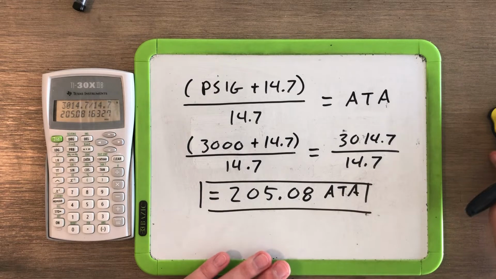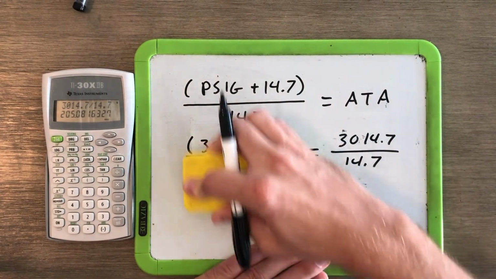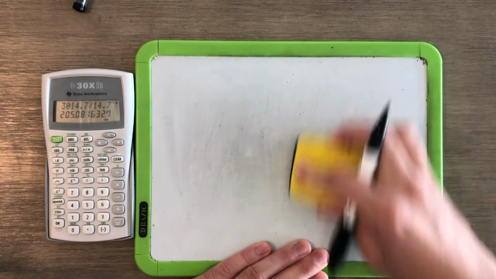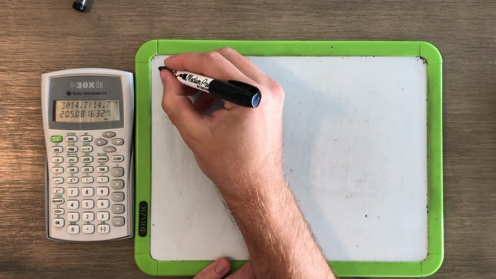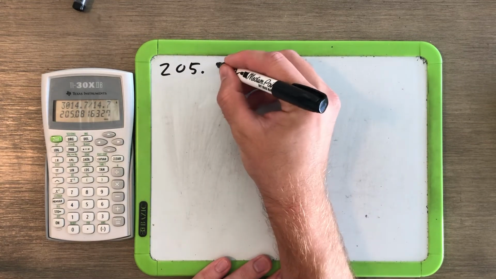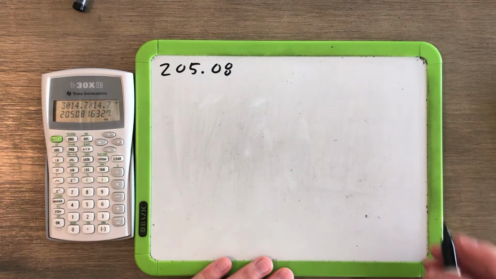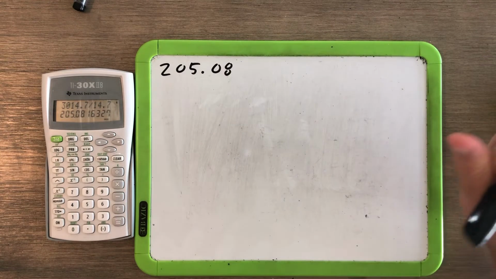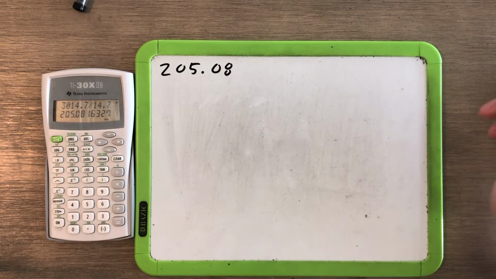Now we'll go ahead and do the opposite of that. I'm going to just keep that same number I had here and work it in the other direction so you guys can see how it works backwards. All right, so the equation for doing the opposite of that would be to go from ATAs to PSIG.